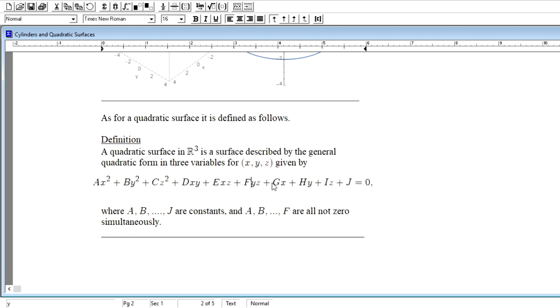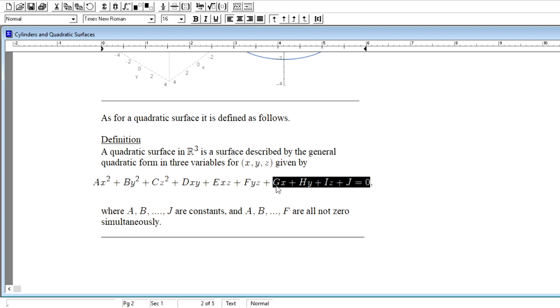If these all turn to zero at the exact same time, this entire first portion of this form will be zero, and what you'll be left with is just this last bit. If you spend a moment looking at that last bit, that is the description of a plane in space and no longer the description of a quadratic surface.